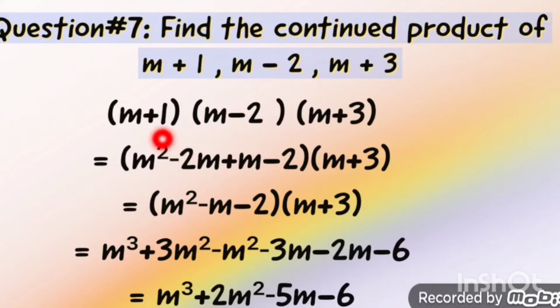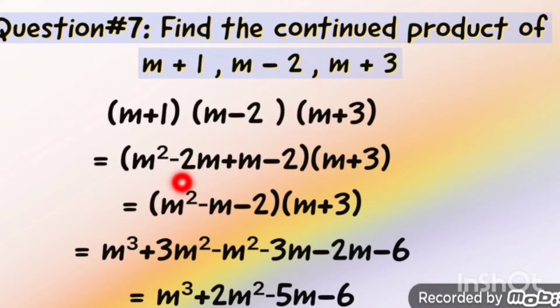Now we take 1 and multiply it with these both terms. 1 multiplied by m will be plus m, plus 1 multiplied by minus 2 will be minus 2. M plus 3 will be written as it is.